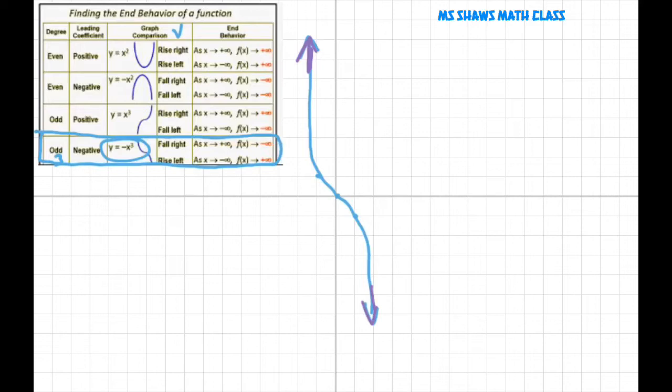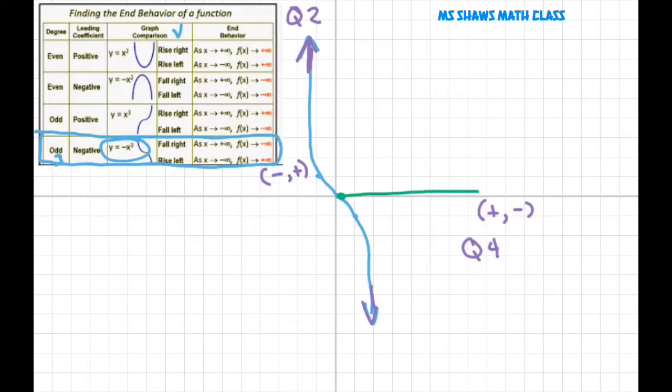So that means when you graph from left to right, we're going to start in quadrant 2 and end in quadrant 4. And notice that in quadrant 2, x is negative, y is positive. In quadrant 4, x is positive, y is negative. And so the end behavior is telling you this.